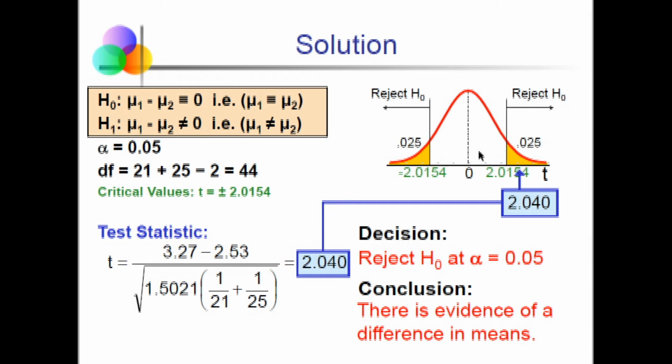The t-value is 2.040, which is greater than 2.0154, so it falls in the rejection region. Therefore, the decision is to reject H naught, which makes us conclude that there is a difference in the means.